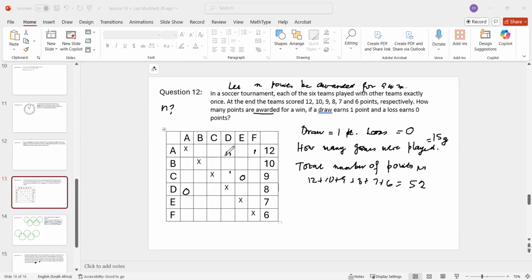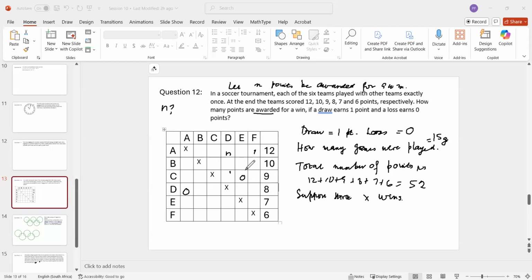Right. But observe now that if there are n wins, suppose there are n wins altogether. No, I'm sorry, not n wins, x wins. So in other words, there are x n's here.